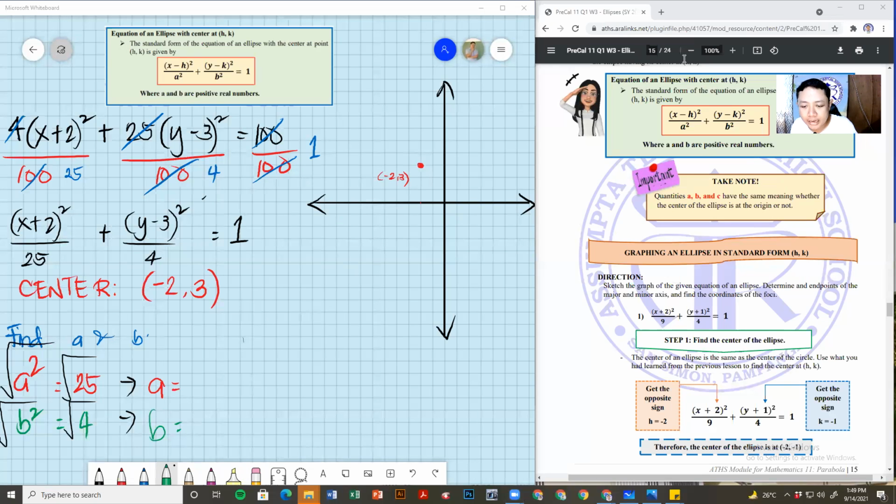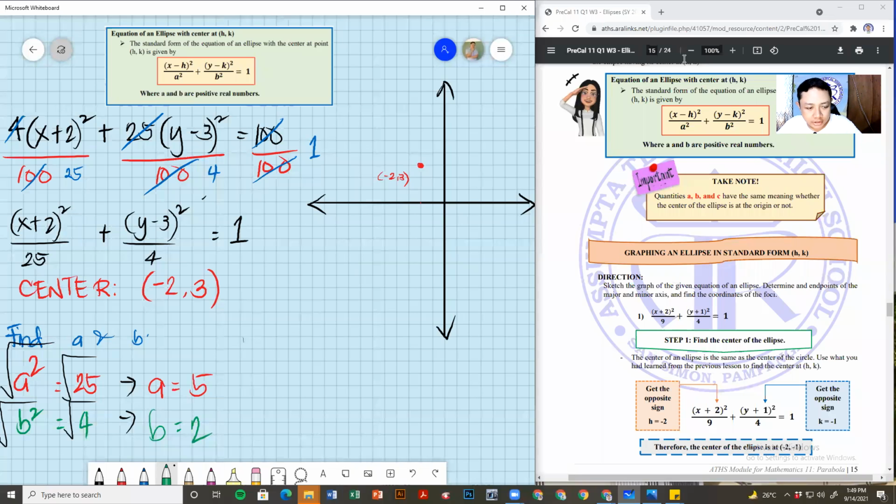You have the same answer. a is 5 and b is 2. And that's correct. Good. Someone got 6 for a. The square root of 25 is 5 pala. Okay, corrected immediately. Very good. That is 5.